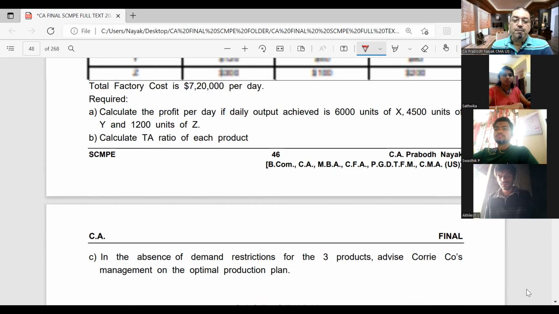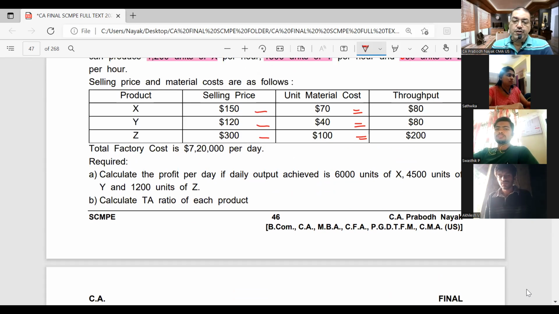So let us calculate the profit per day. We'll start with that first.